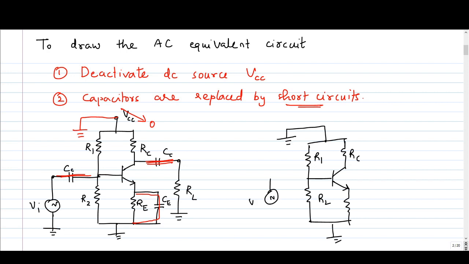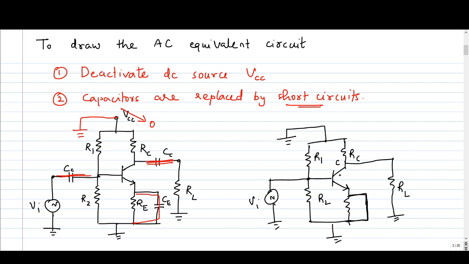Now the VI signal is directly appearing at the base because the capacitor acts as a short circuit. Then CE is also replaced by a short circuit, so effectively RE is shorted out from the network. Then RL is directly connected to the collector terminal through this shorted capacitor. So this is the AC equivalent circuit.